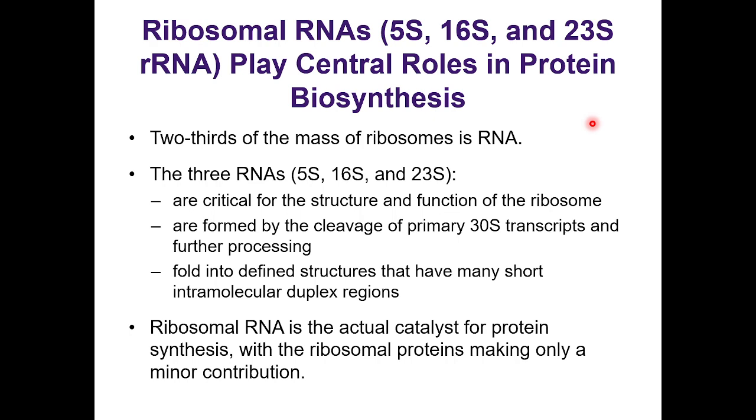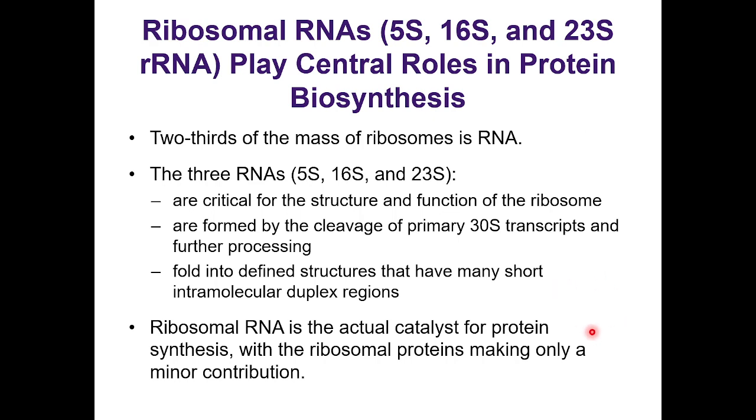So two-thirds of the mass of the ribosome is actually RNA. The three RNAs incorporated into this are the 5S, 16S, and 23S. They're critical for the structure and function of your ribosome. They're formed by the cleavage of the primary transcripts and then further processing. They're folded into defined structures, with short intramolecular duplex regions.